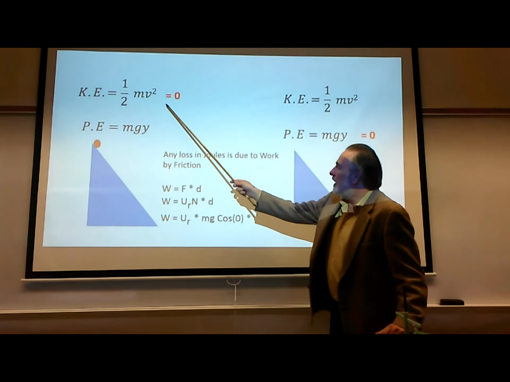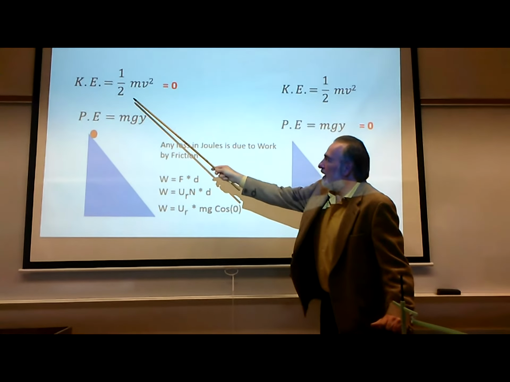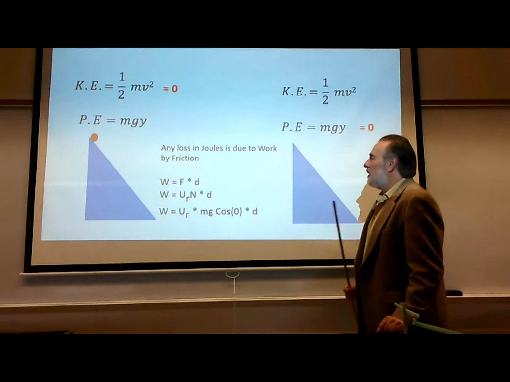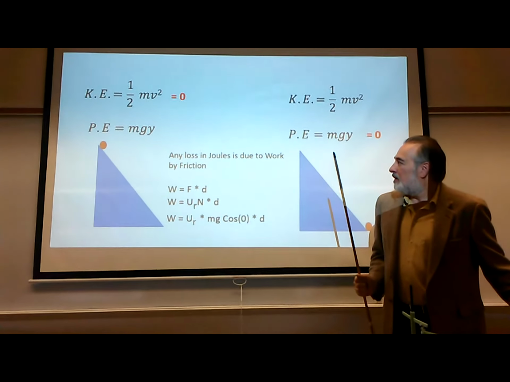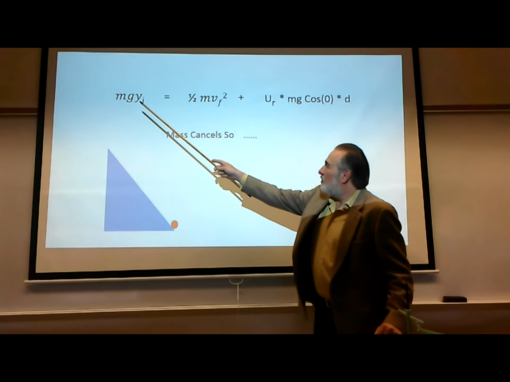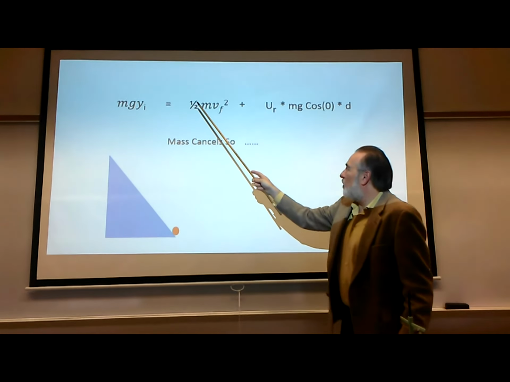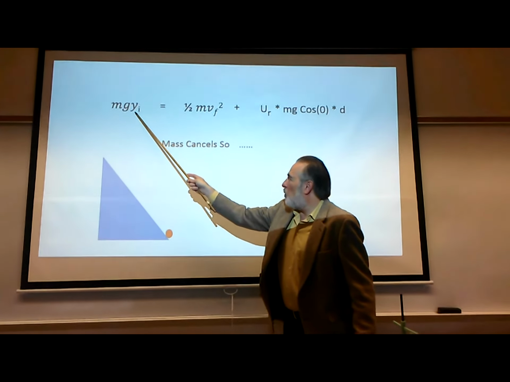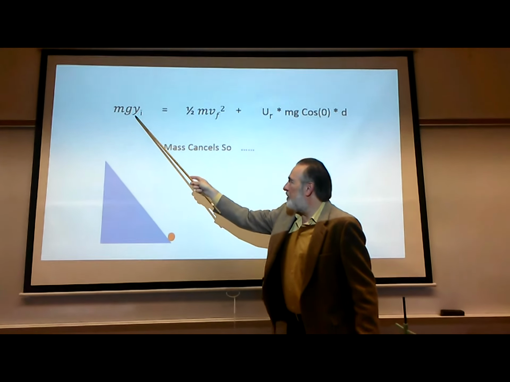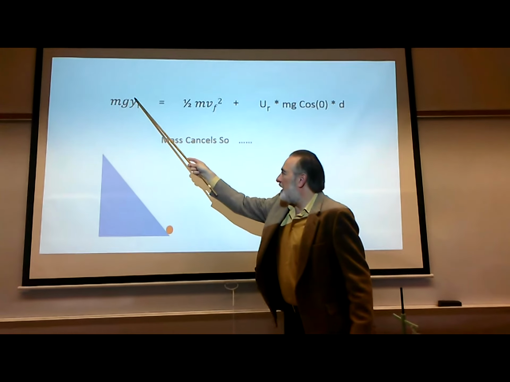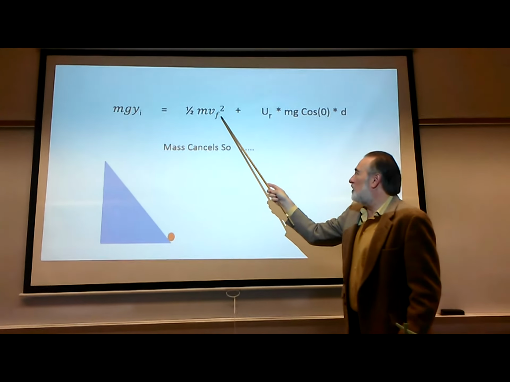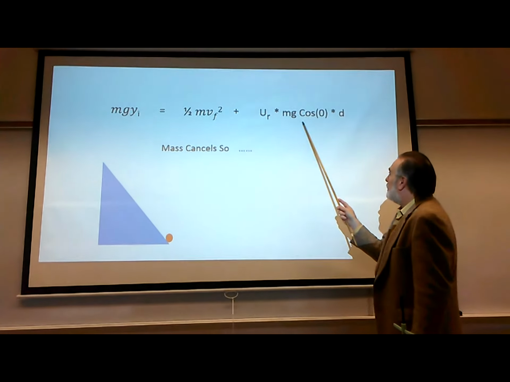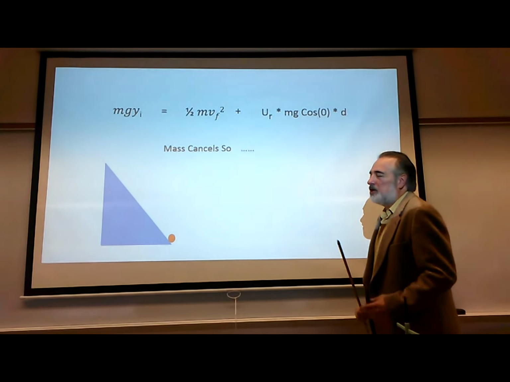So, if at the beginning kinetic energy is 0, and at the end, potential energy is 0, we can write the equation where y initial at the top, this is at the beginning before we move it, is equal to the after, all kinetic energy, but we're going to take into account the rolling friction as well.